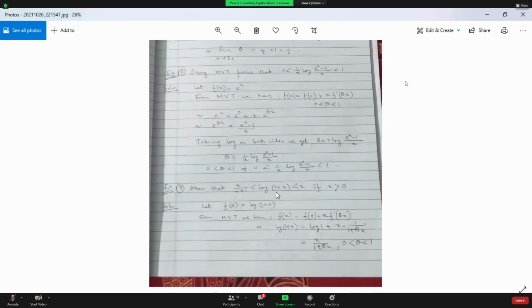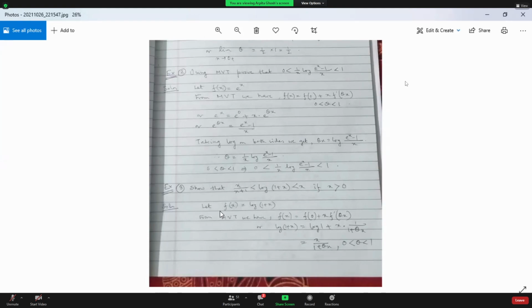In that case, suppose we have to show that f1(x) is less than f2(x) less than f3(x). In that case, we choose that f2(x) as our f(x). The function which is in between, that function we consider as f(x), because we will use this inequality 0 less than theta less than 1.